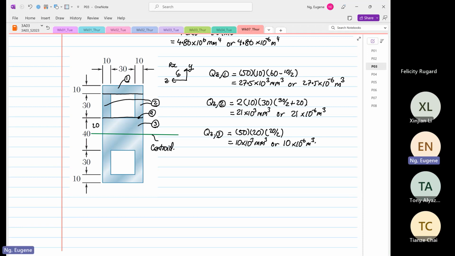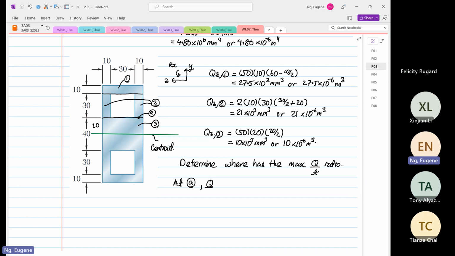Okay, so we are going to determine where has the maximum Q over T ratio. Where the maximum Q over T ratio is where the maximum stress will occur. Okay, so let's consider point A, right?